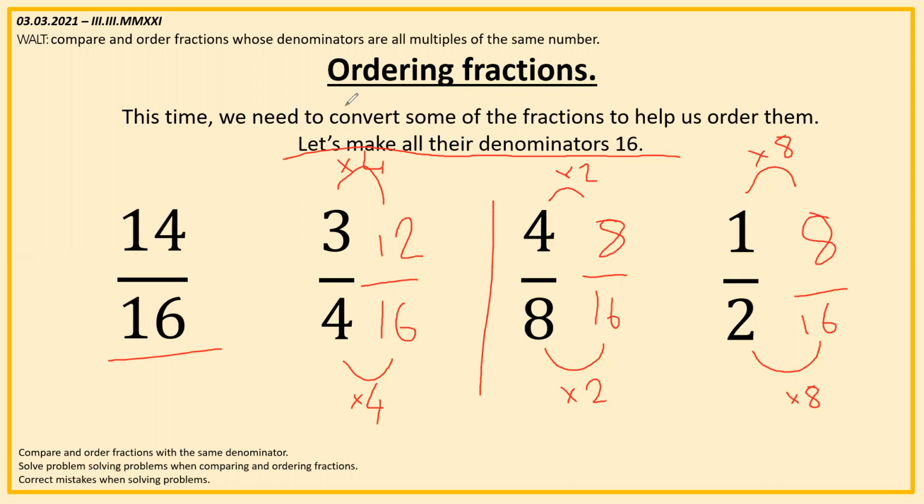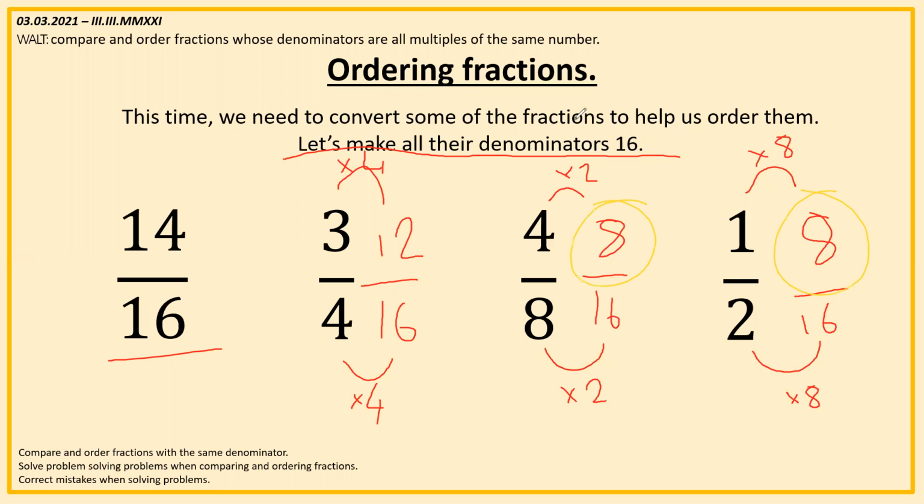Now these two here are actually the same, so it doesn't matter which way around we put them when we are ordering them. But if we have a look at our numerators now, we need to find which one is the smallest. So we've got 2 with 8, haven't we? So we've got 2 here, and I've got 8 as a denominator.